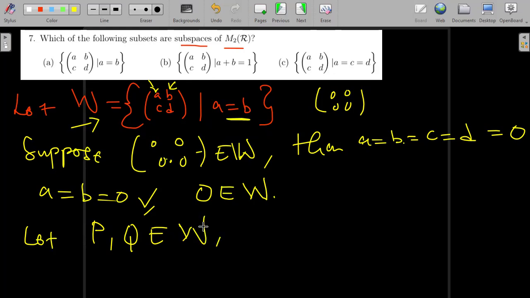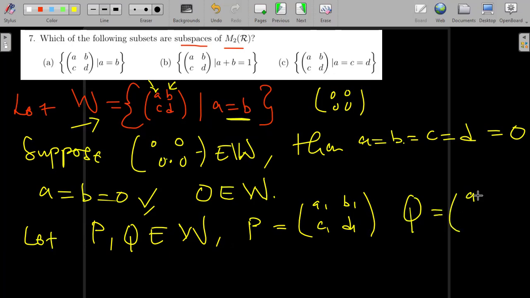If P and Q are members of this set, then I can represent P as A1, B1, C1, D1, and Q as A2, B2, C2, D2. So this is what I'm going to say.